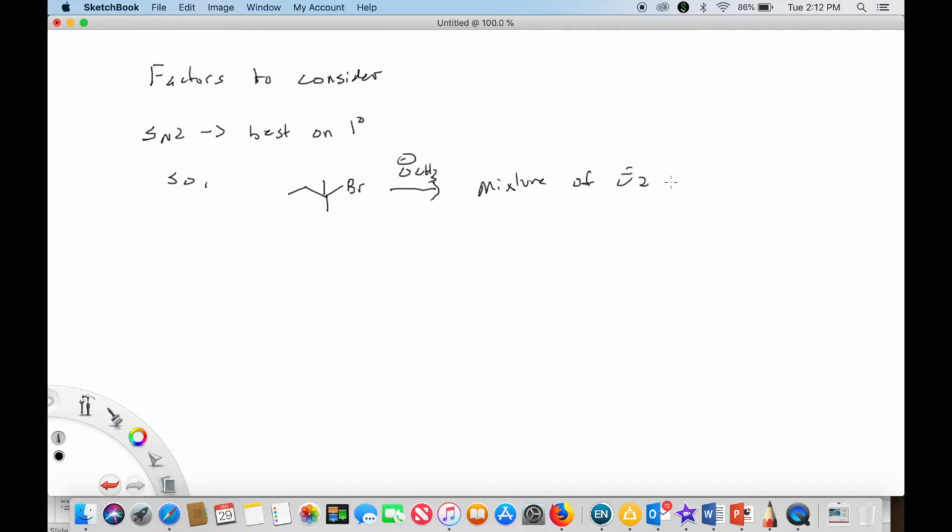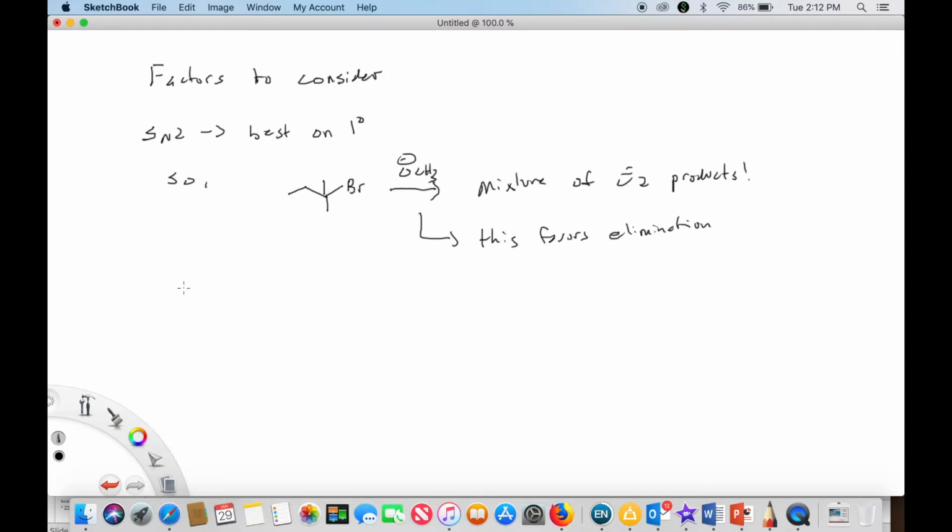Instead, what I get is a mixture of E2 products. The way that it's written now is actually going to favor elimination. So instead of getting the ether that I would want, I'm going to end up getting a mixture of these eliminated products here, right?